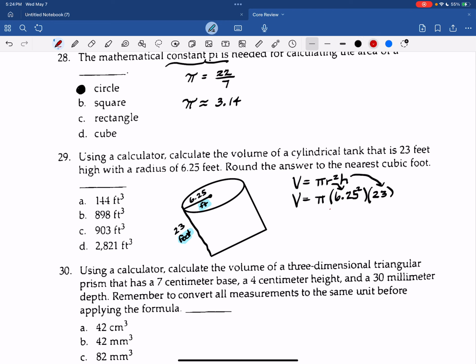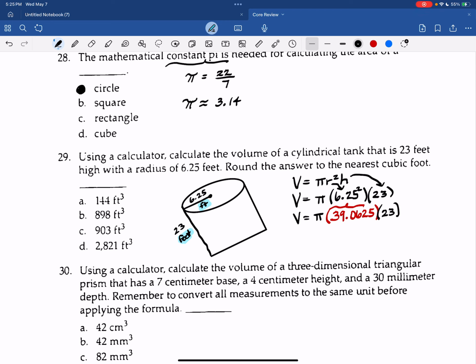Then order of operations says I have to do this first. So 6.25 times 6.25 is, it's ugly, don't worry, 39.0625. Don't round yet. We're not ready. Got to bring that height down, and don't forget about little pi. I'm going to type in this whole thing in one step.